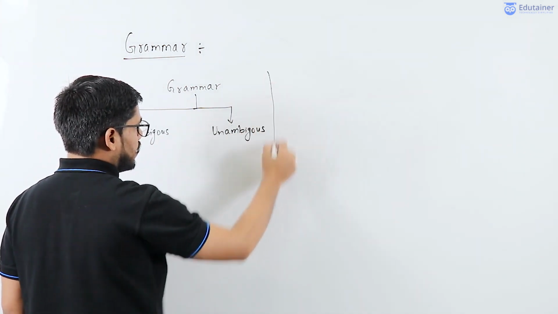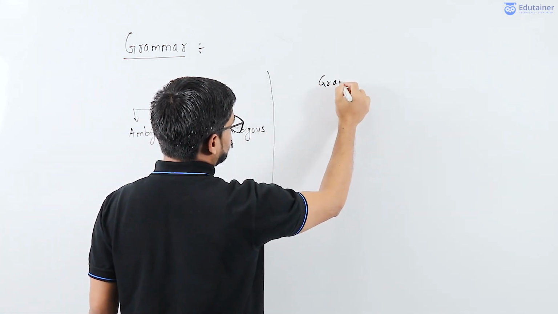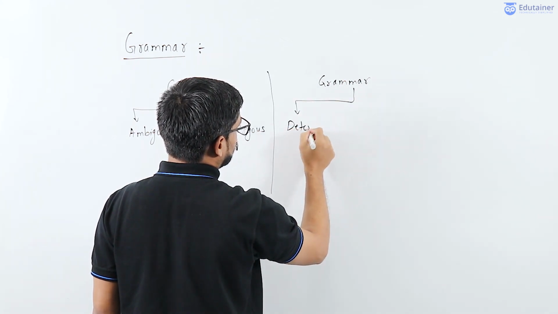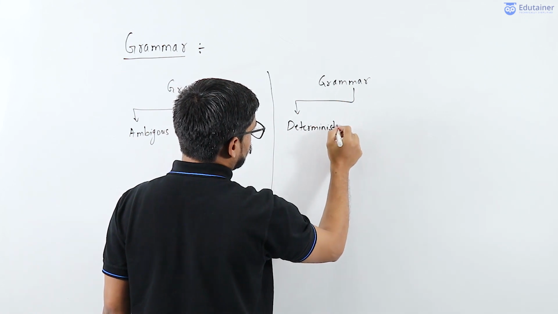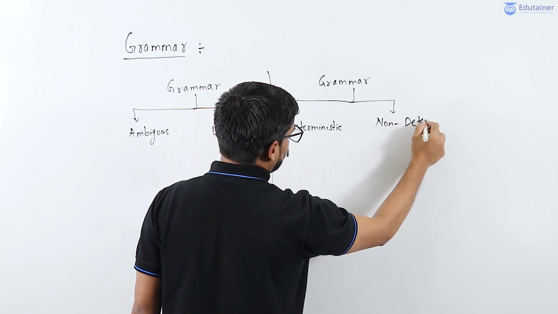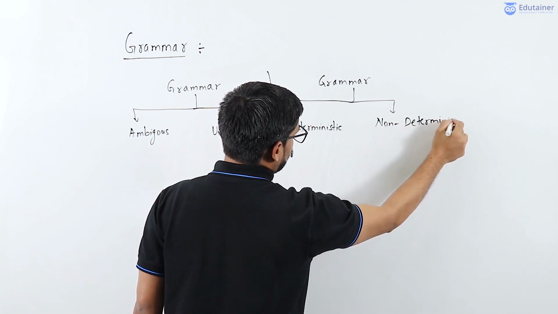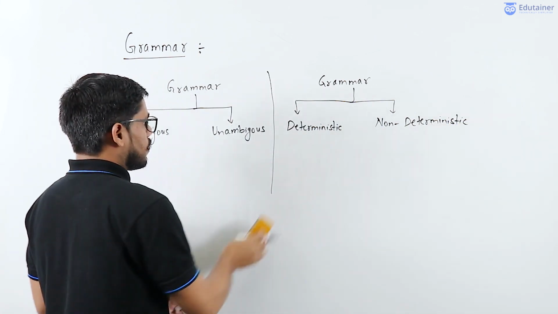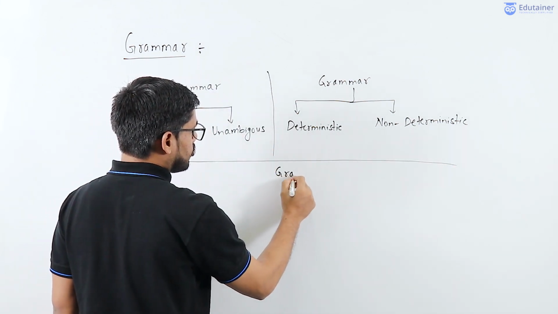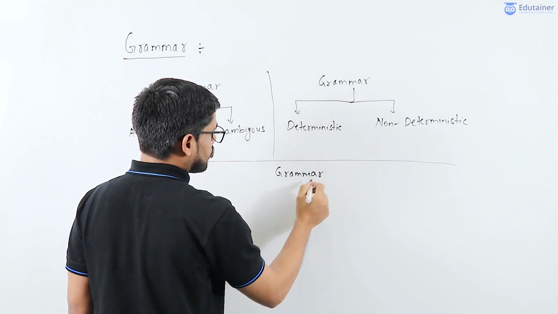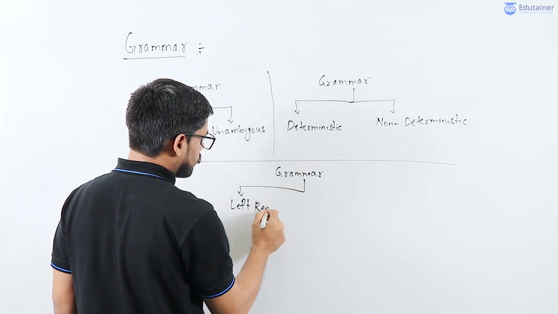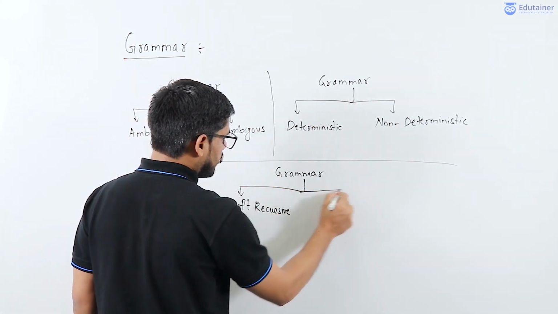Okay, then grammar can also be classified as deterministic and non-deterministic grammar. Okay, and the third way is that grammar can also be classified as left recursive and right recursive grammar.